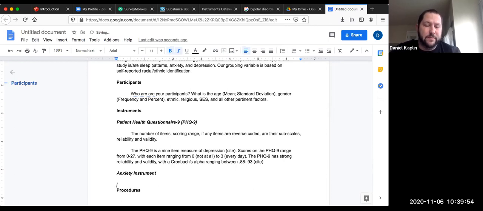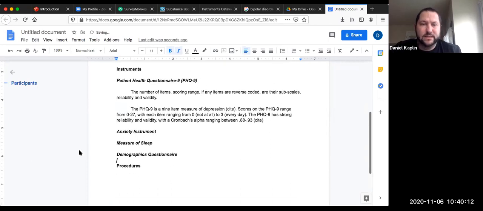And then they're going to have a measure of sleep. And then they're going to have their demographics questionnaire. Everybody in the class will have a demographics questionnaire.